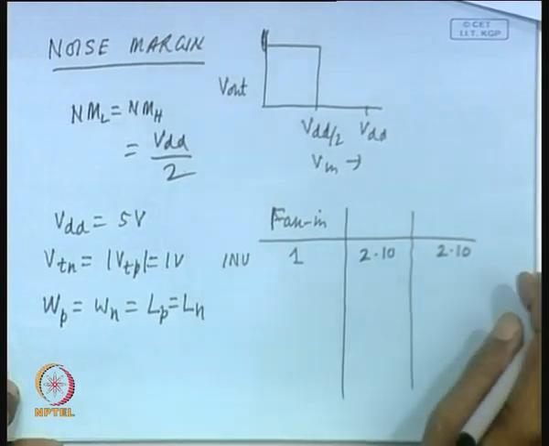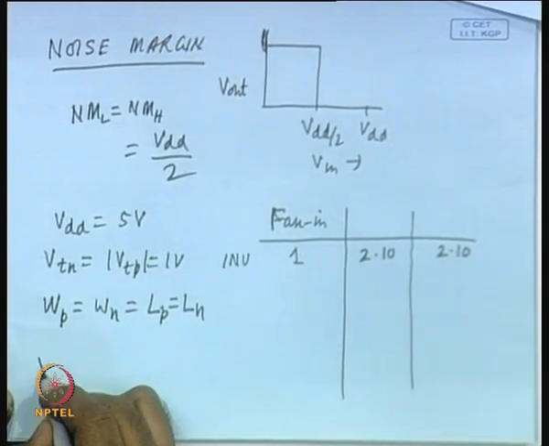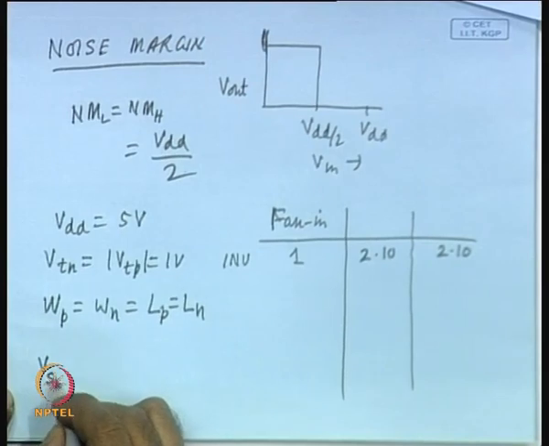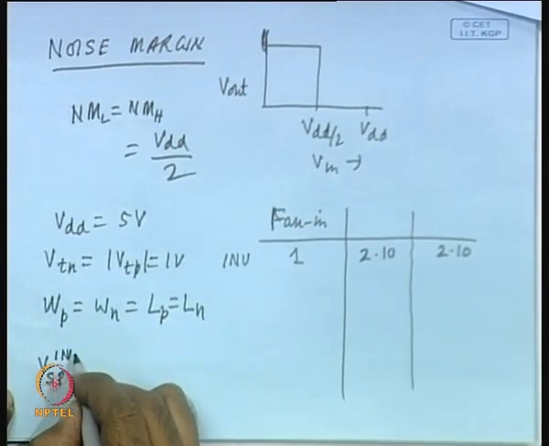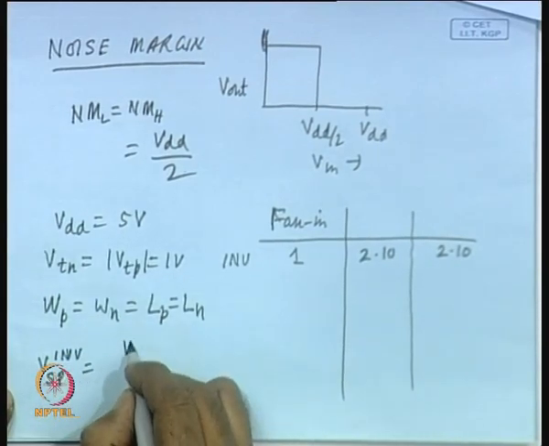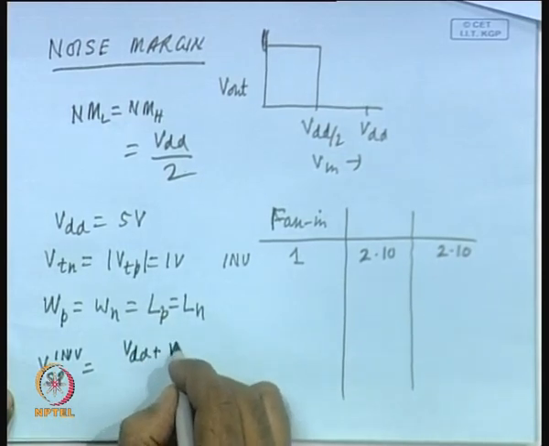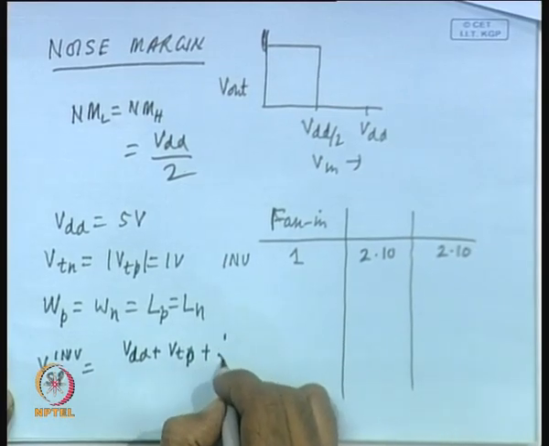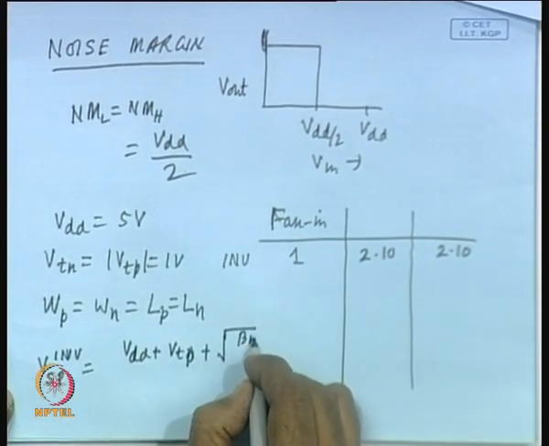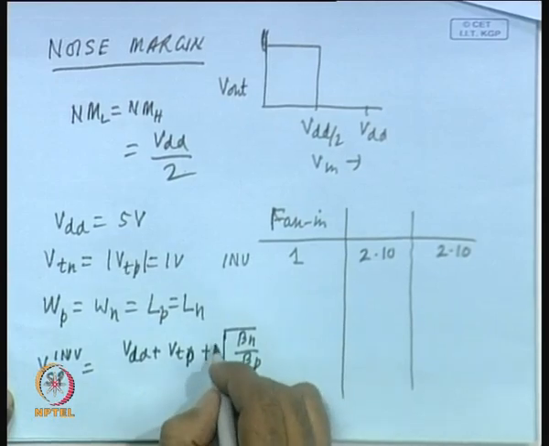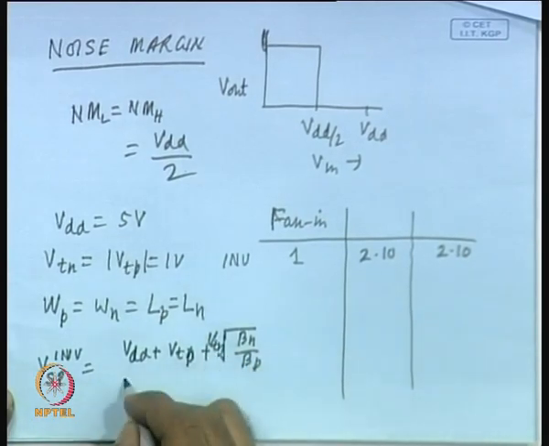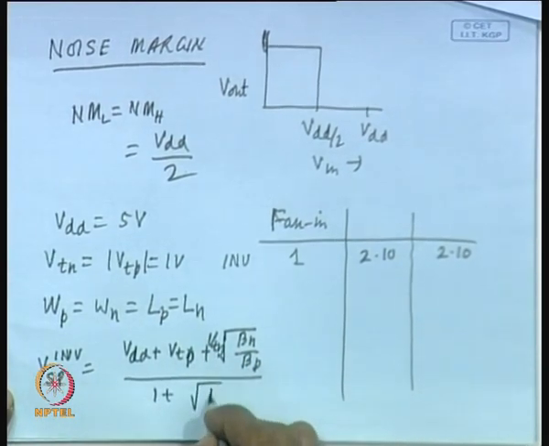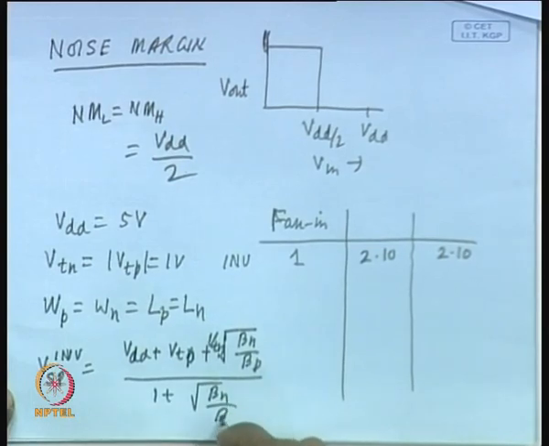So, how are we getting it? Actually, the V switching point for the inverter, as you know, is equal to (VDD plus VTP plus root of beta n by beta p into VTN) divided by (1 plus root of beta n by beta p).